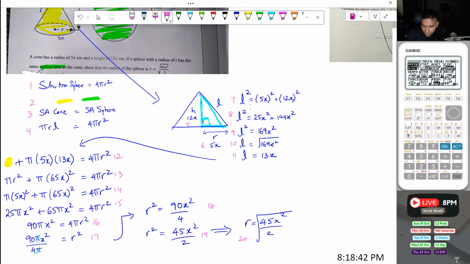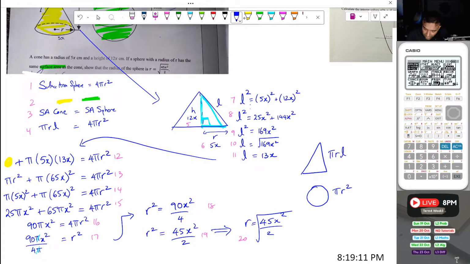Just to give you a little bit of a breakdown of what's happening with line number 12. When you take the cone, now you've got the side of the cone. The side of the cone is pi times radius times L. Then you've got the bottom of the cone, which is a circle. That's going to be pi r squared.